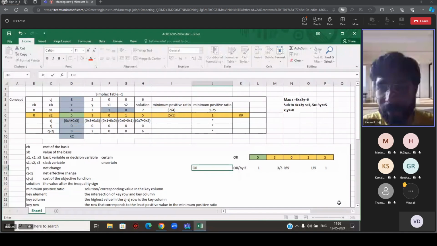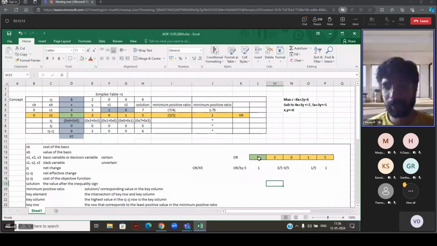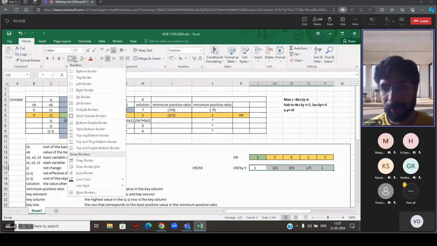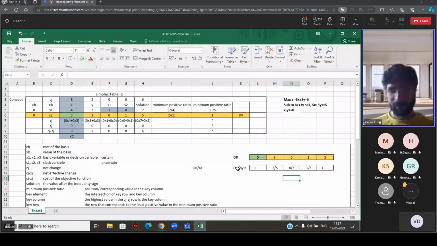I can definitely write it because I am dividing the entire thing by 5. So it is going to be 5 by 5 is 1, 5 by 5 is 1, 3 by 5, 0 by 5 and 1 by 5. Okay. So this is going to be my OR by KE.